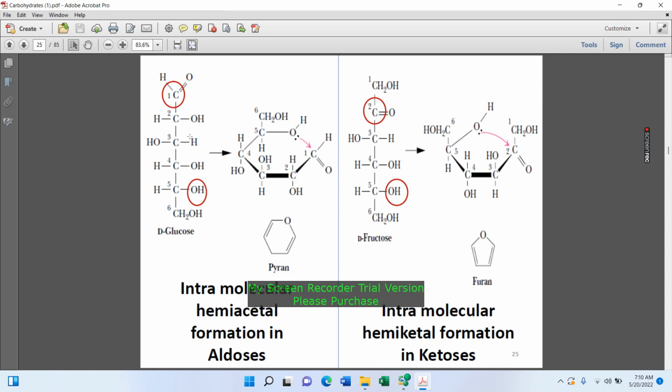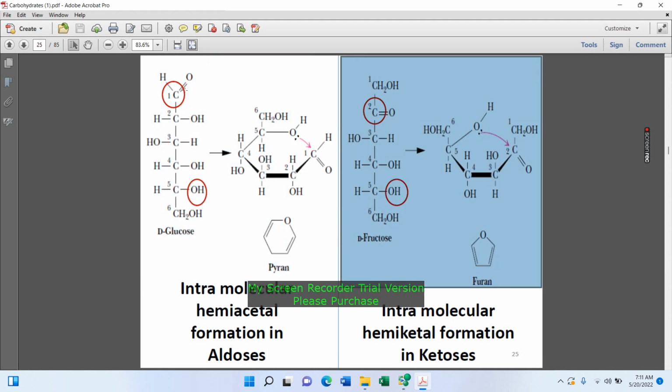Here, this hydroxyl group attached to this chiral carbon has high electron density, right? So this lone pair of electrons on oxygen attacks this carbon right here.